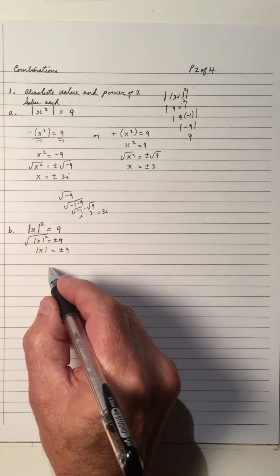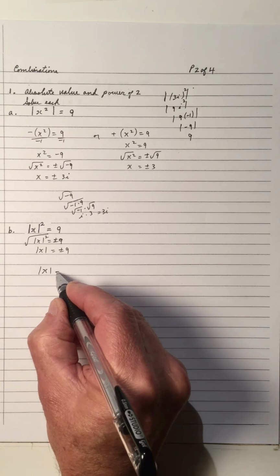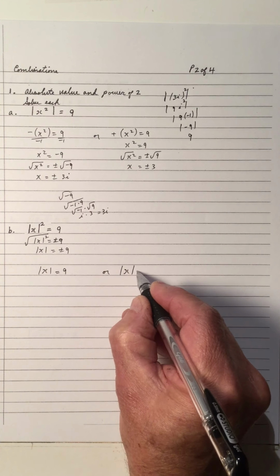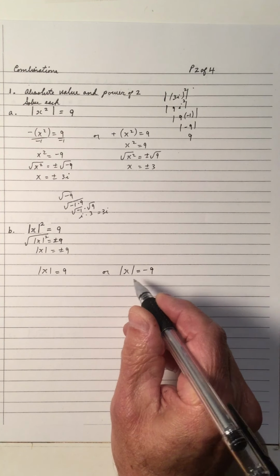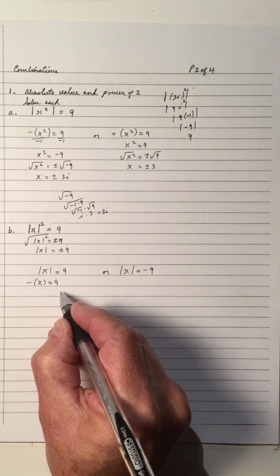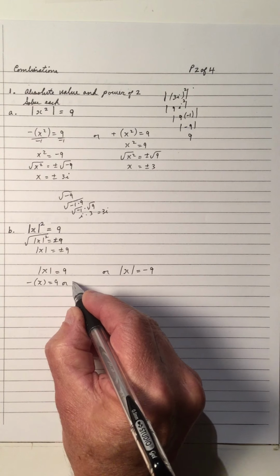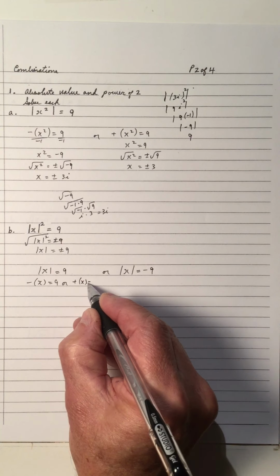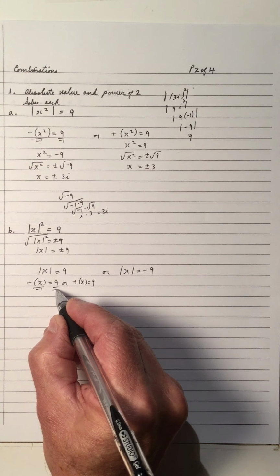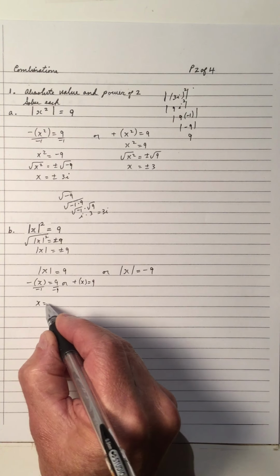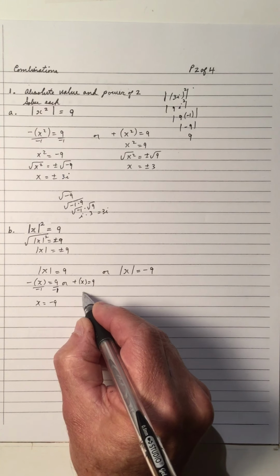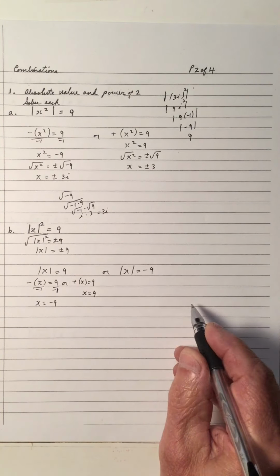So that means that the absolute value of x is equal to 9, or the absolute value of x is equal to negative 9. So this is the negative of the x equals 9, or the positive of the x equals 9. So we're dividing by negative 1. So x is negative 9, or x is 9.